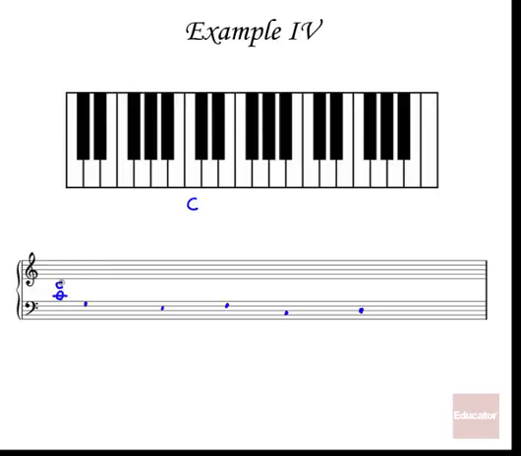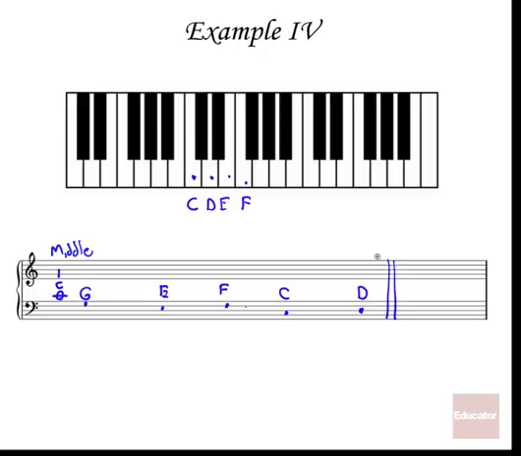So we know that this is a C, middle C. And we're going to count down, so C, B, A, G. And then G, F, E. And then this is just up a step, so it's an F. And then F, so let's look here, so C, D, E, F, so we're going F, E, D, C for this note. And then up a step, of course, from C is D.